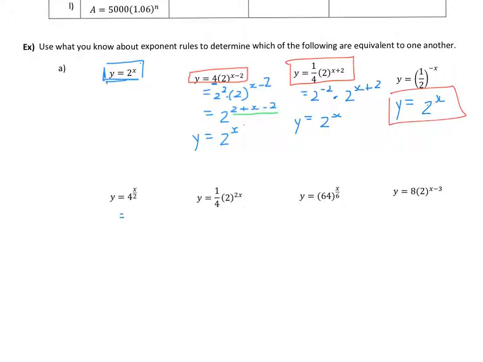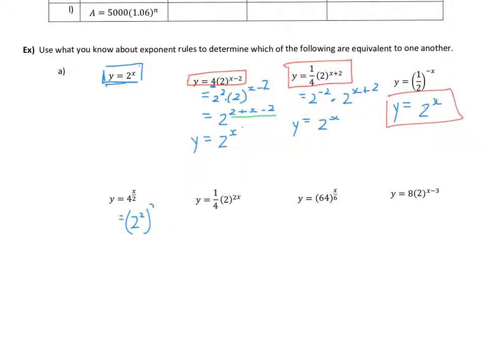y equals 4 to the exponent x over 2. Well, 4 is the same thing as 2 squared. So I've just replaced the 4 with the 2 squared, and that has an exponent of x over 2. Now the rule is when I have an exponent to another exponent, I'm going to multiply those two exponents together.